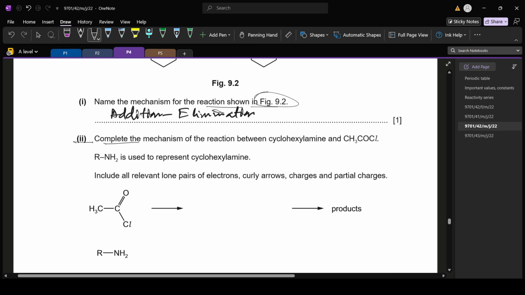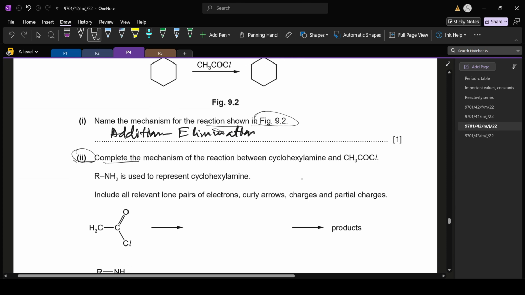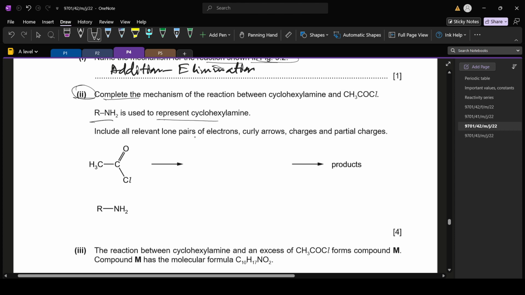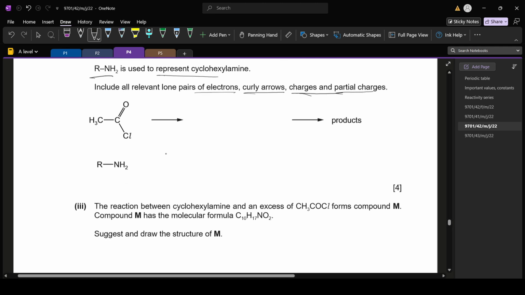It also told you to complete the mechanism of the reaction between cyclohexylamine and ethanoyl chloride. RNH2 is used to represent cyclohexylamine. Include relevant lone pairs of electrons, curly arrows, charges, and partial charges. Now, the lone pair on this nitrogen will attack this carbon.